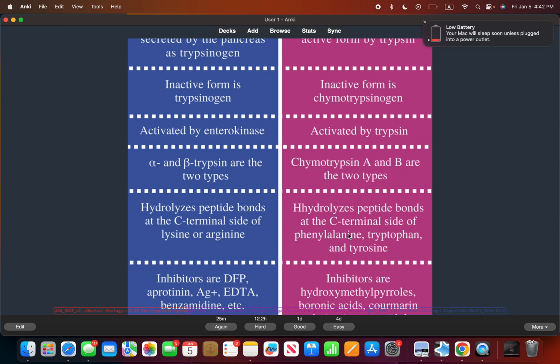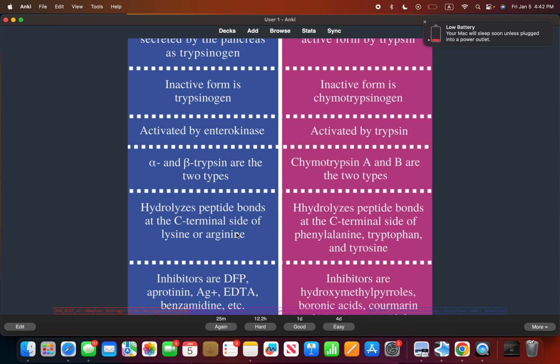Tyrosine is polar, phenylalanine and tryptophan are non-polar, but they are aromatic. On the other side, lysine and arginine are basic.